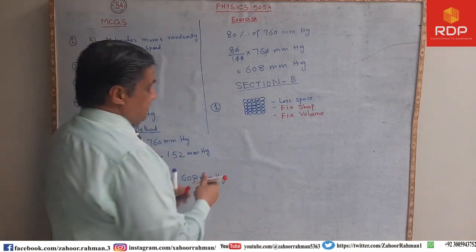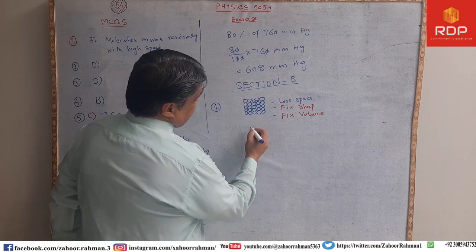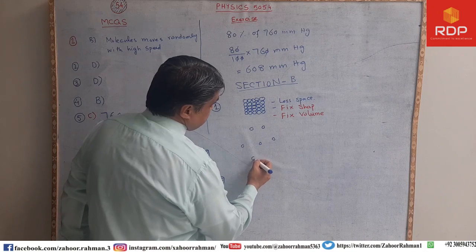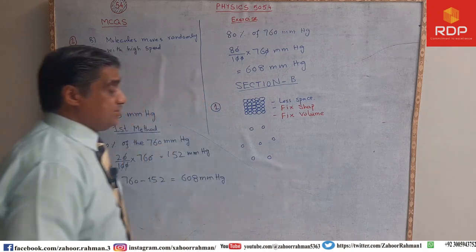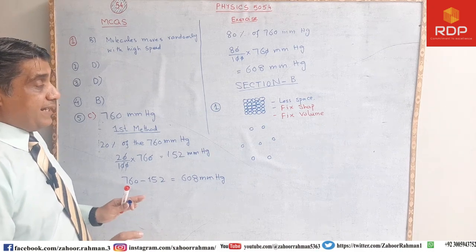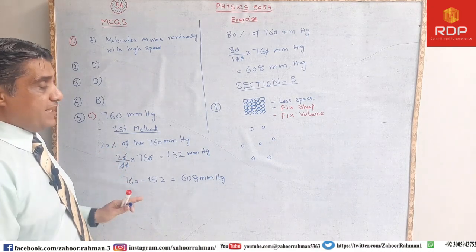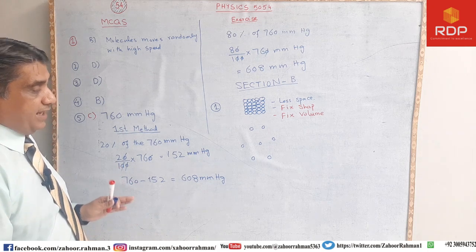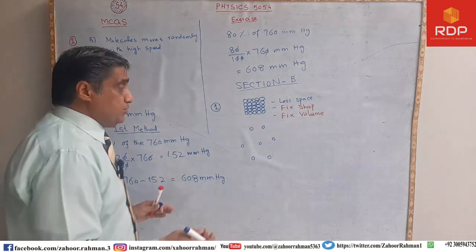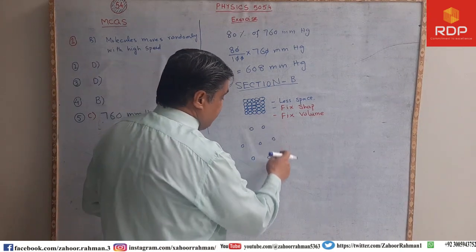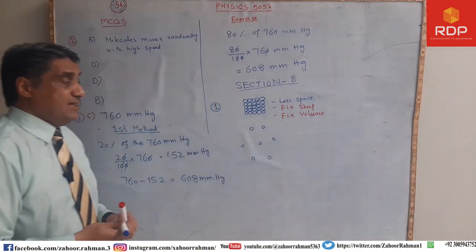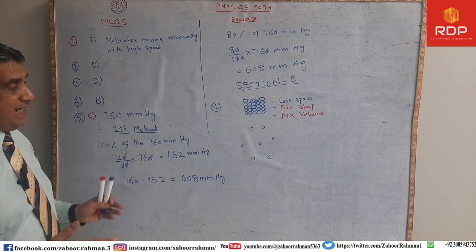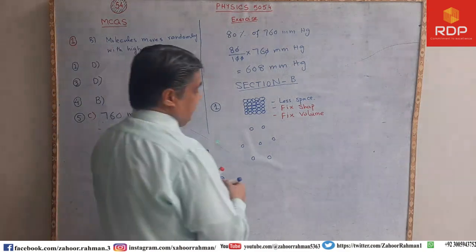Why is that? Because in gases, the molecules are spread apart from each other, so they are independent from the effect of attraction or repulsion of each other. Wherever you are putting these gas molecules, they will spread inside that container and will get the shape of that container.